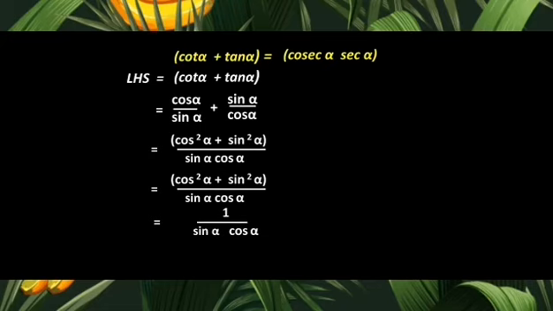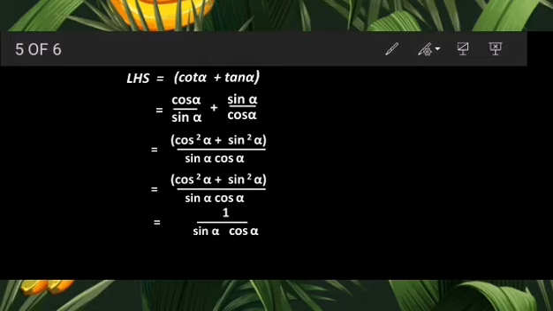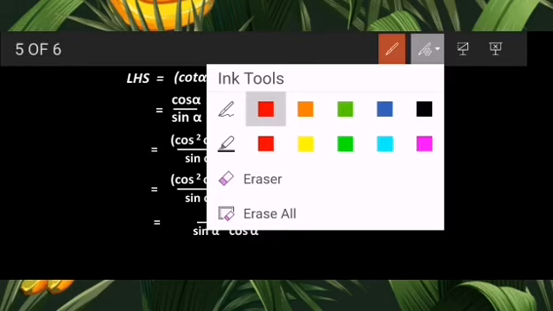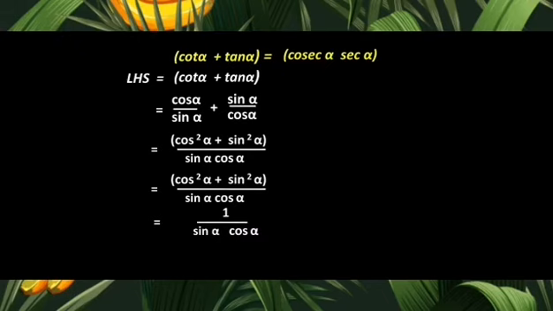And what you can see on the screen now is 1 upon sin alpha and 1 upon cos alpha, which can be replaced with trigonometric relations. We know that 1 upon sin alpha is equal to cosec alpha, if you remember the first video, and 1 upon cos alpha equals sec alpha. We just have to replace them with the proper terms, and our sum is done.